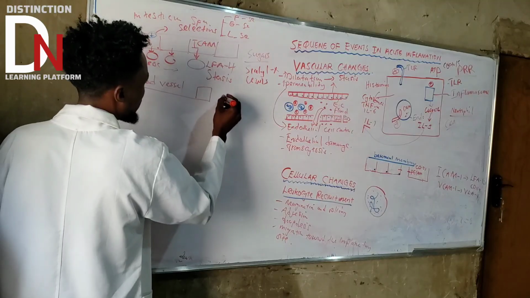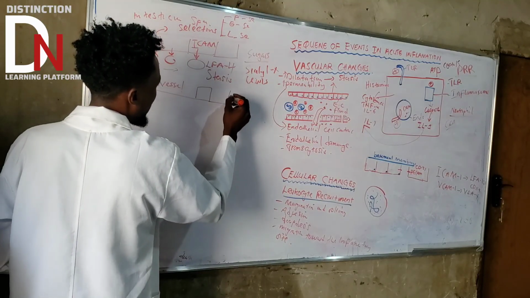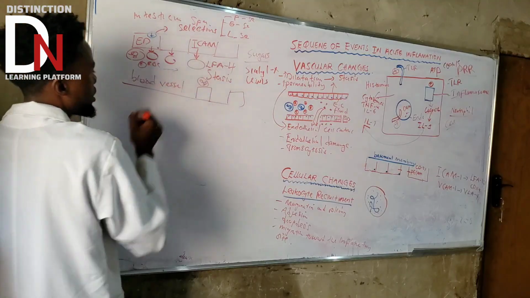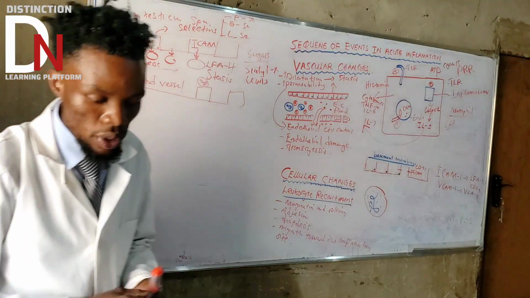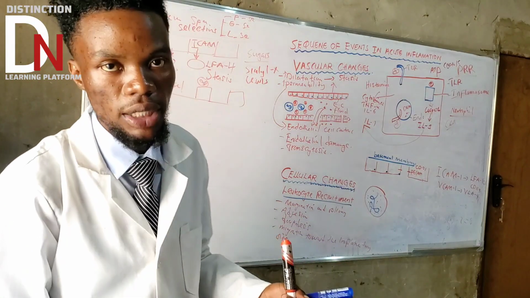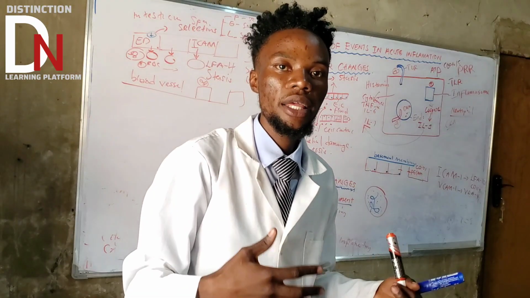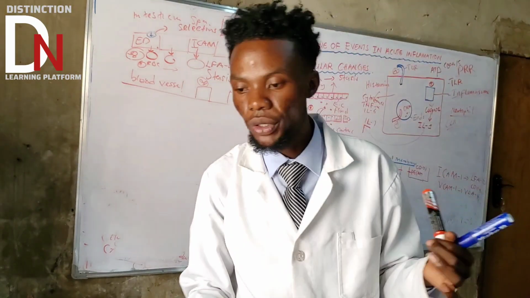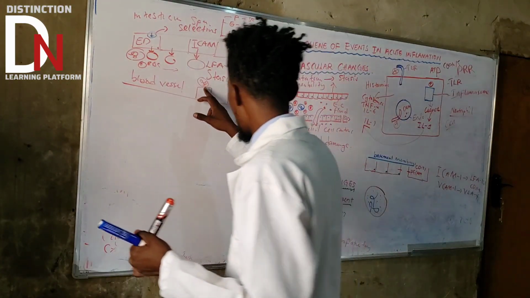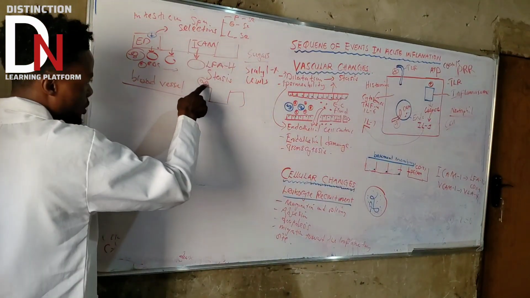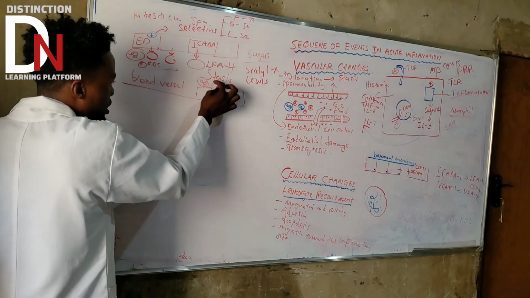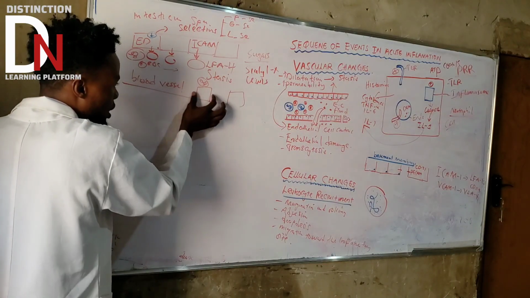So let's call that one diapedesis. What is that now? Let me write it here. Let's say this is a leukocyte, what we call a neutrophil, that is firmly attached to the endothelial cell by the use of ICAM or VCAM. Now diapedesis basically means that this leukocyte will start moving between the endothelial cells.